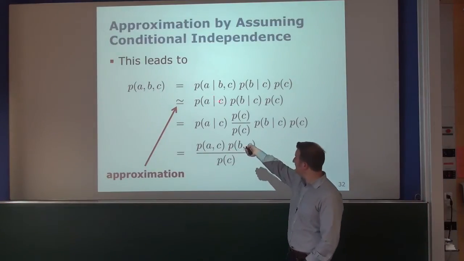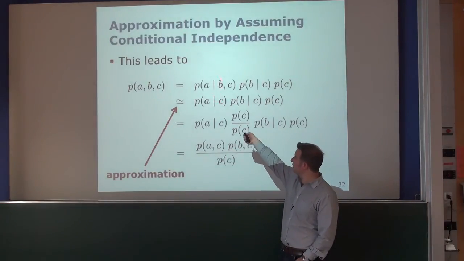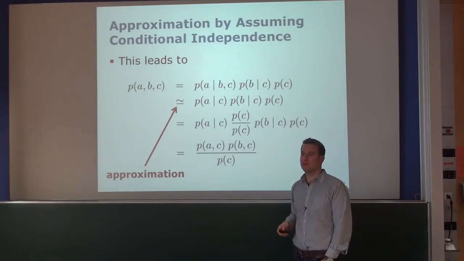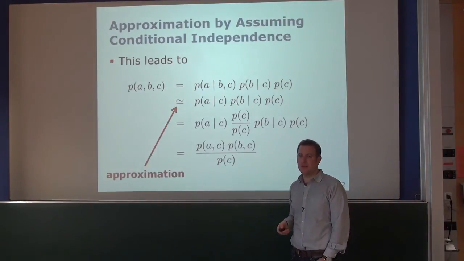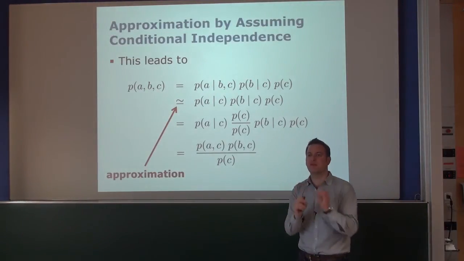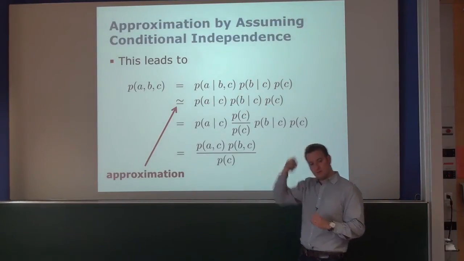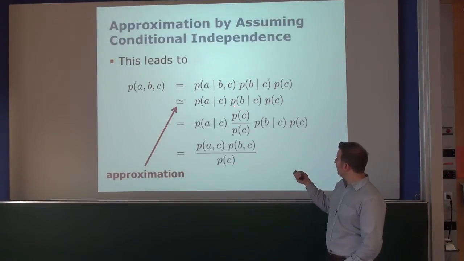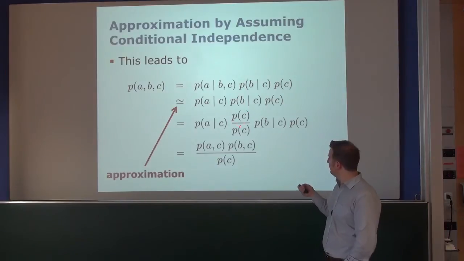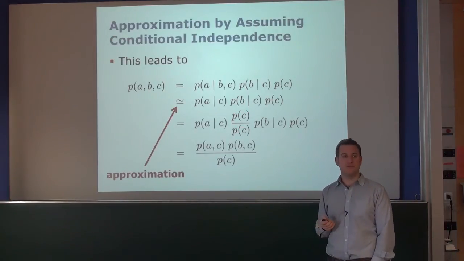So I say, given that B doesn't contribute any additional knowledge that helps me to estimate A, this is the approximation I do. What I then can do is simply add a term P of C divided by P of C. This is 1.